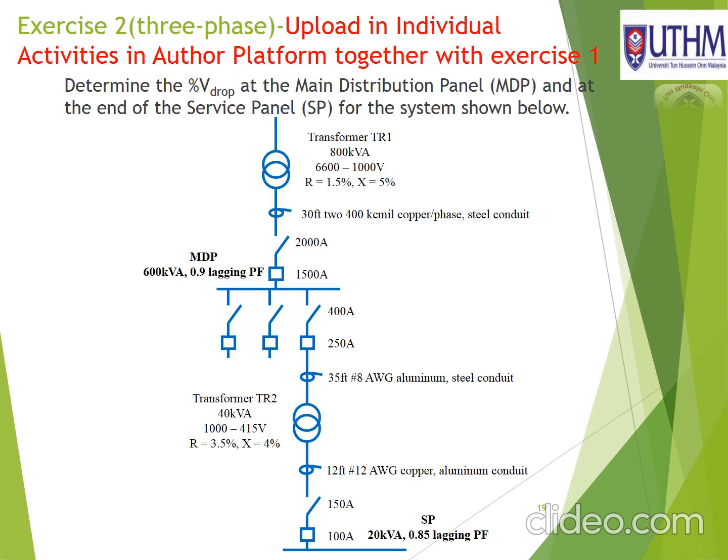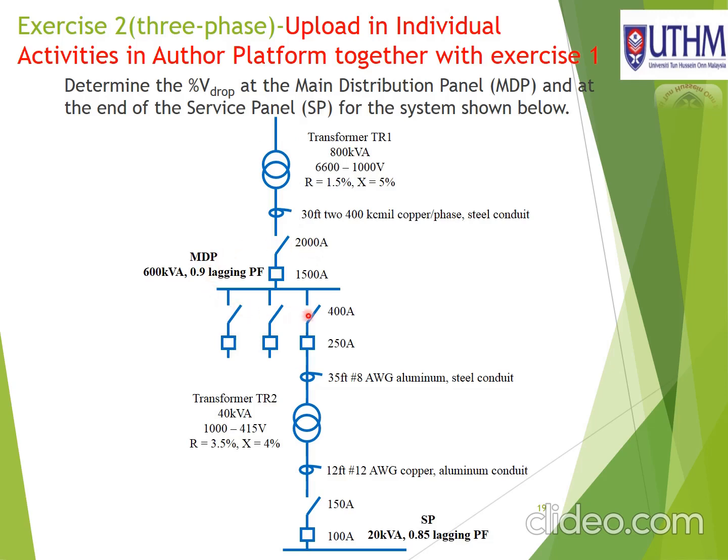Okay, this is exercise number 2. The previous example is for single phase, and this one, 3 phase, is for exercise. Upload in individual activities in the Auto platform together with exercise 1 in part 1A. The question is: determine the percentage of voltage drop at the MDP and at the end of the service panel for the system shown below. We have transformer here, and then we have cable, and then we have MDP here.